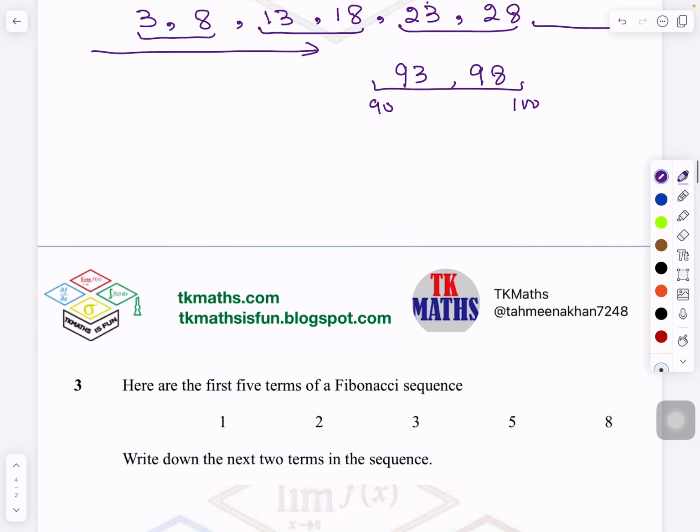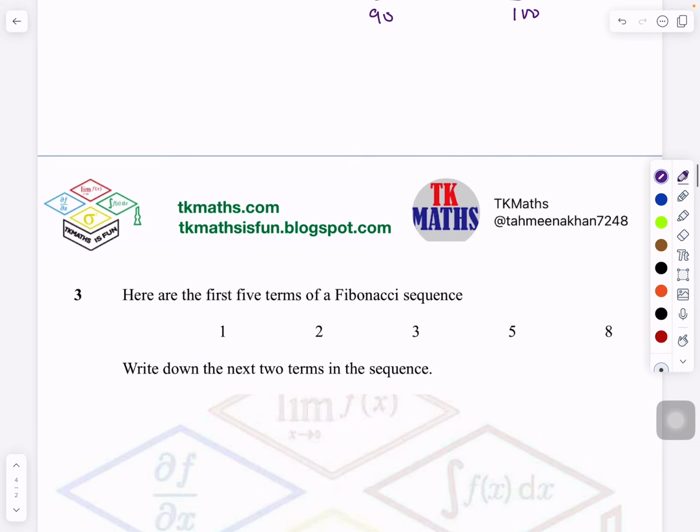Now last question of this video. This is also a very famous sequence, the Fibonacci sequence. Now what is the Fibonacci sequence? I'm giving you 5 seconds to see and try to identify the rule. Then you will be able to write the next two terms. Okay, absolutely right.